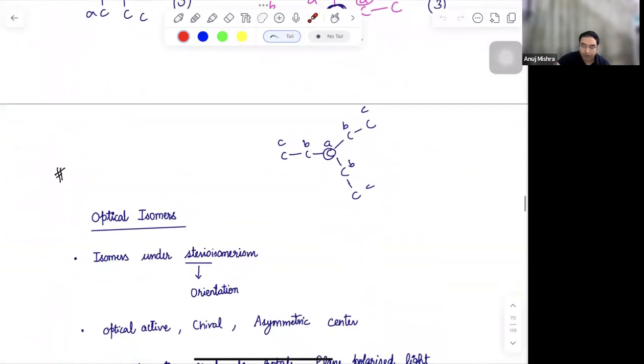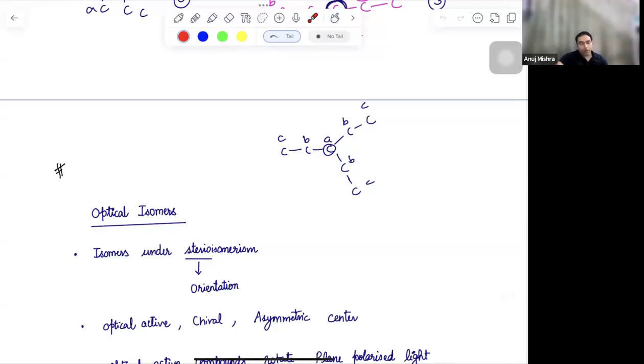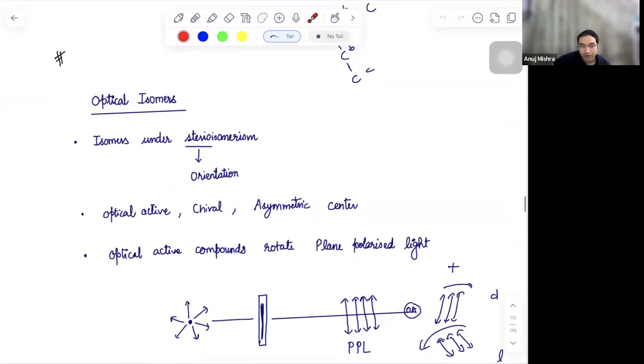So now write down optical isomers. Now we're going to detail of it. Optical isomers, isomers under stereoisomers or stereoisomerism. Stereo means orientation, where orientation is different. So there are multiple terms which are called optically active, chiral, asymmetric or asymmetric center.